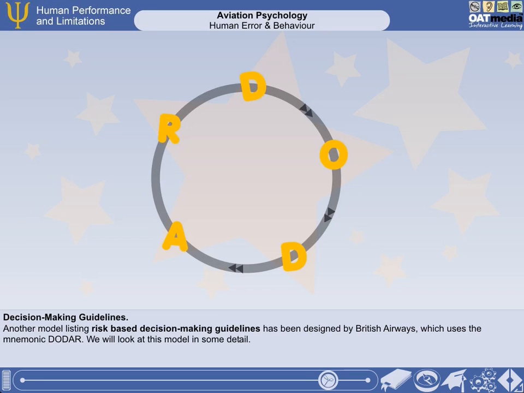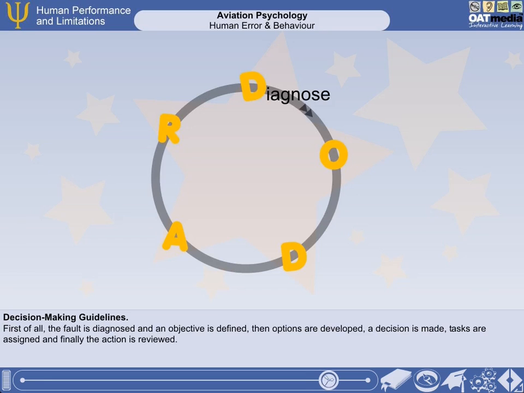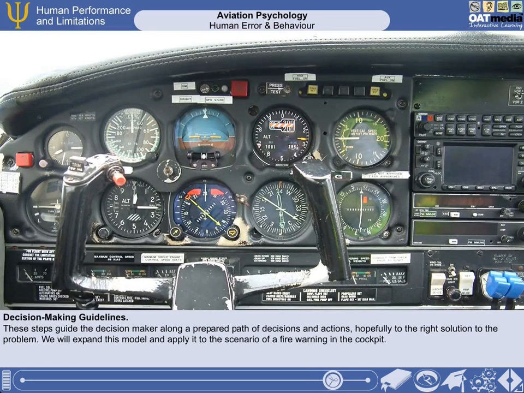We will look at this model in some detail. First of all, the fault is diagnosed and an objective is defined. Then options are developed, a decision is made, tasks are assigned, and finally the action is reviewed. These steps guide the decision maker along a prepared path of decisions and actions, hopefully to the right solution to the problem. We will expand this model and apply it to the scenario of a fire warning in the cockpit.